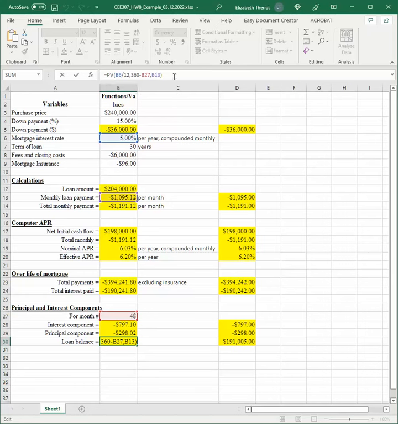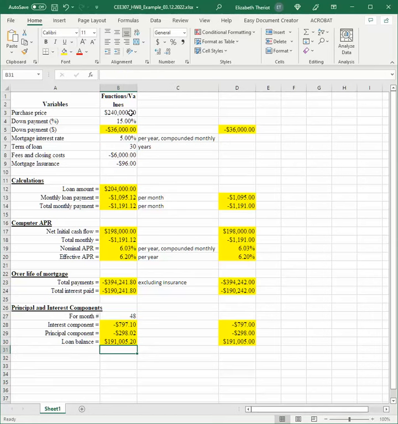And that is how you get your loan balance after 48 months: the 360-month loan minus the 48 would be the amount of loan balance remaining after 48 months. And that is how you do homework problem section 8.